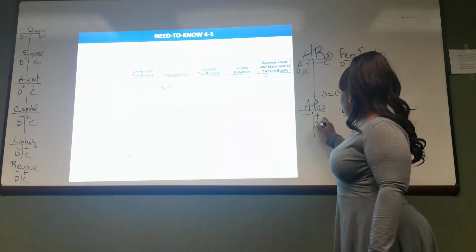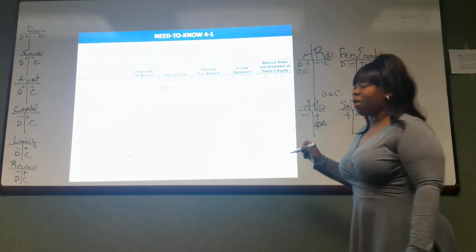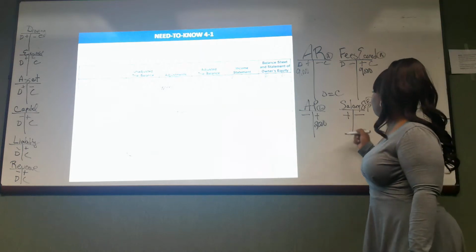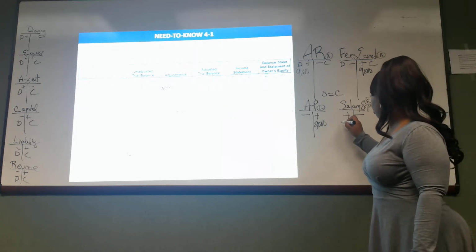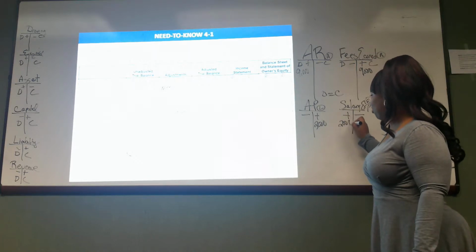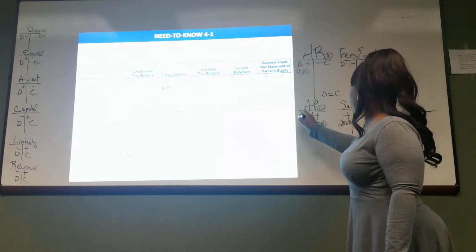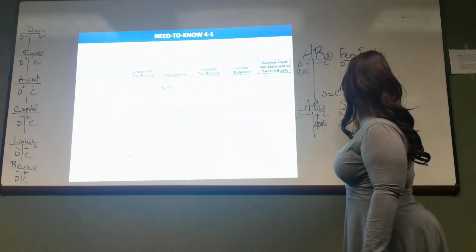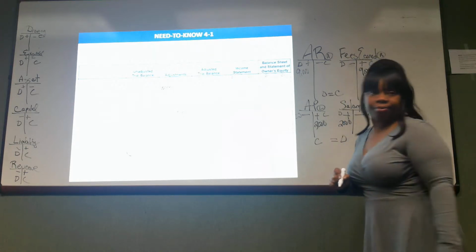Up, because before we had $0 of accounts payable, and now we have $2,000 worth, so it has to go up. Salary expense go up or down? Up. It goes up because we need to show that we have salary expense. This is a debit, this is a credit, this is a debit, this is a credit. Our credits equal our debits.